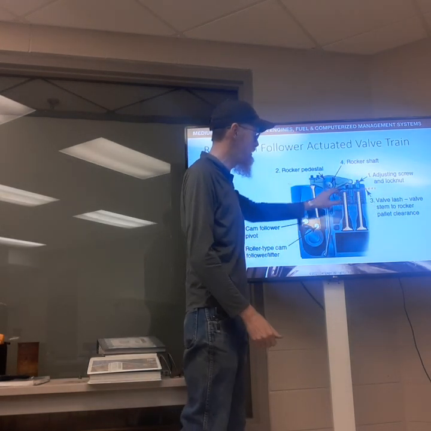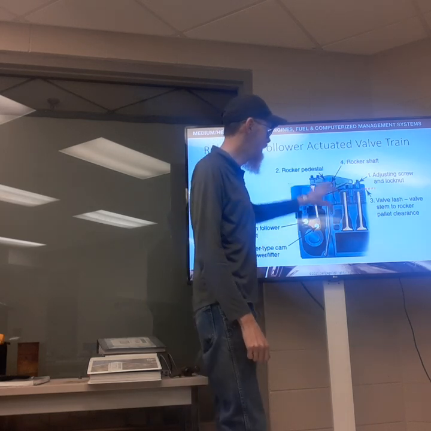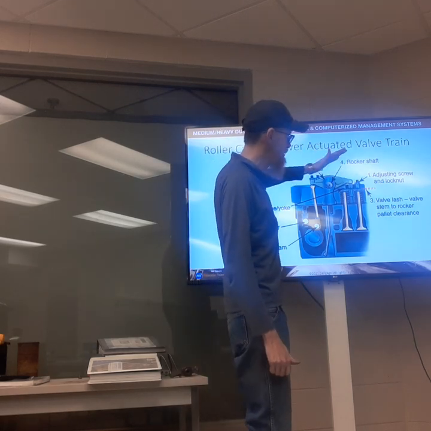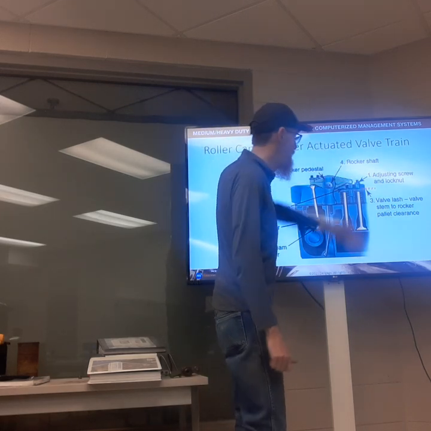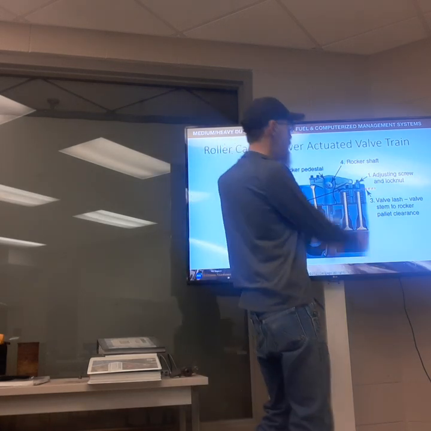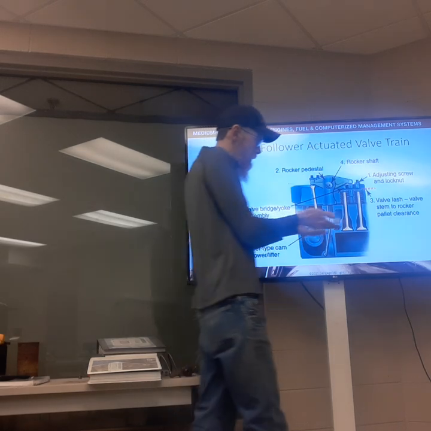Those springs are attached to the valves up in the cylinder head. So when that rocker arm is no longer pushing down on those valves, those springs pull the valves back up and make them seal against their port.